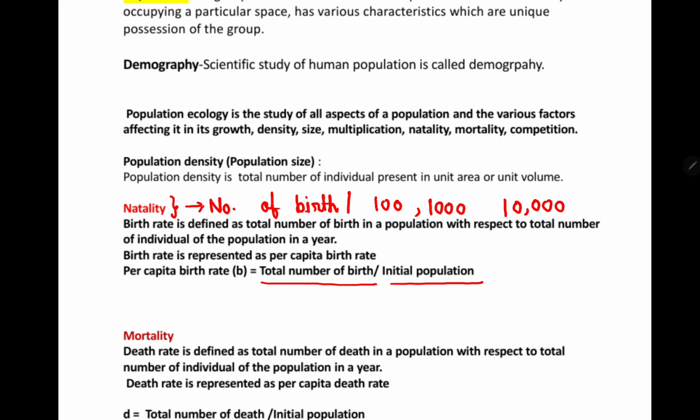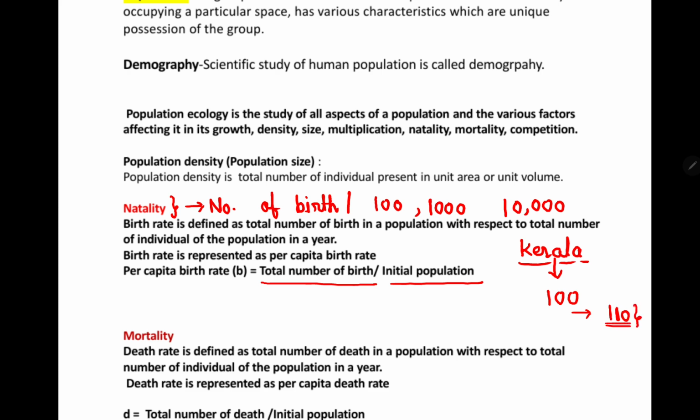For example, suppose one small population is living in Kasargod district in Kerala. Suppose a total of 100 people live in one village. After 1 year, it was observed that the population of the village became 110.